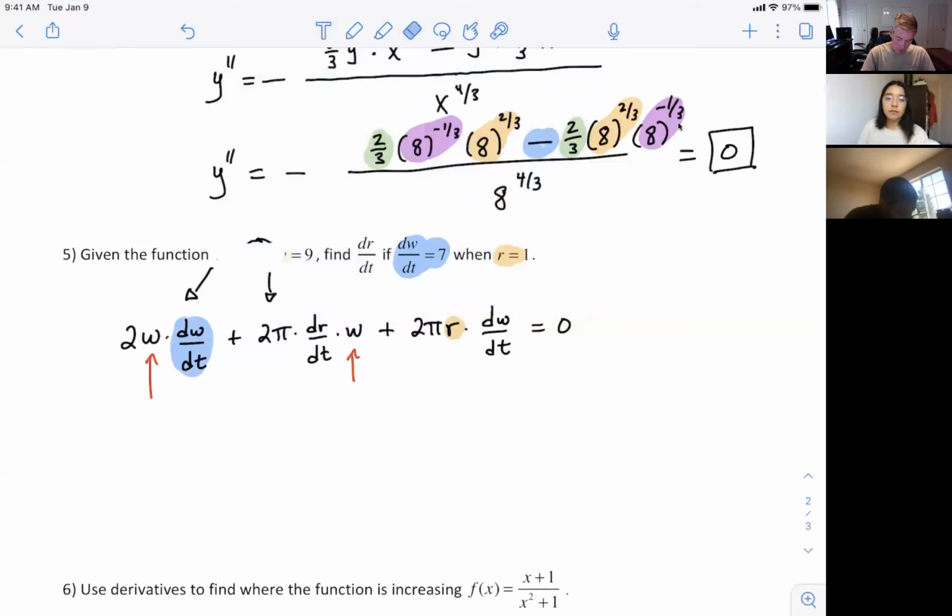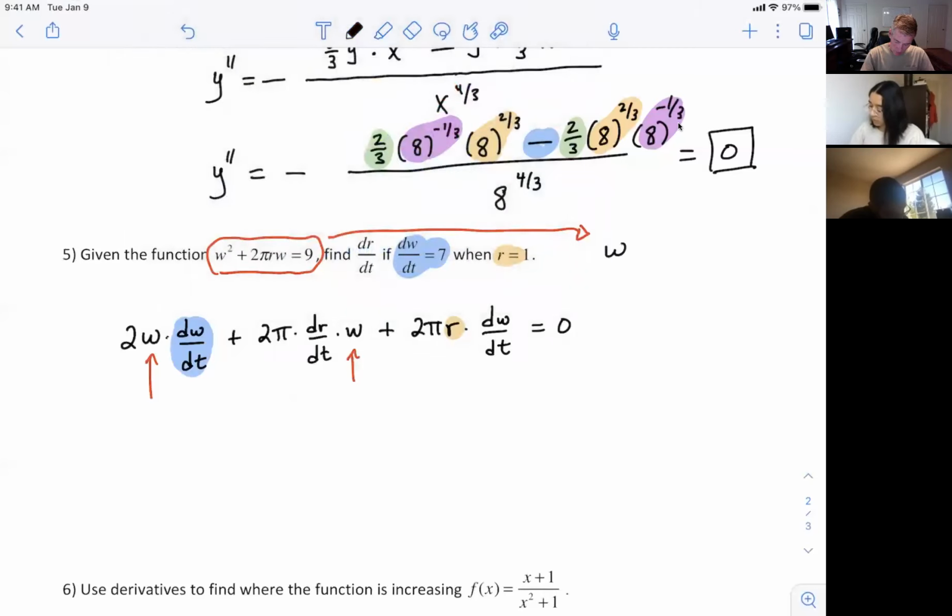So that means we need to go back to the original function and plug in r equals 1 and then solve for w. So this calculus part is going to have to take a break while we go over here and do intermediate algebra.